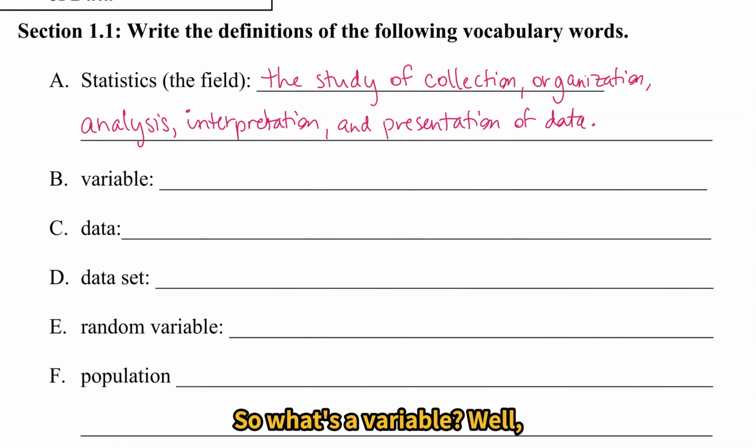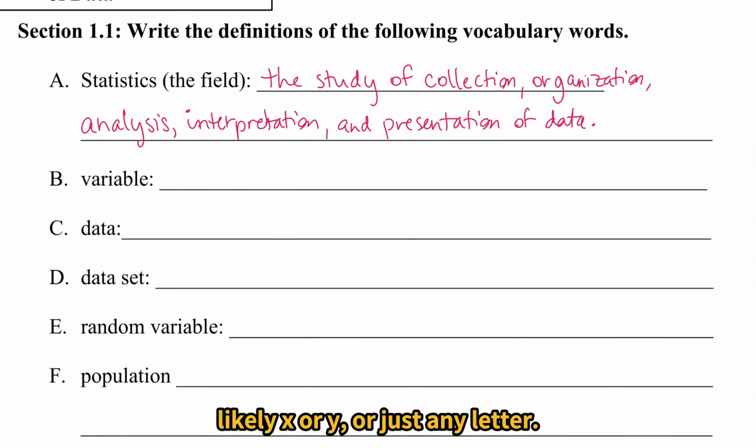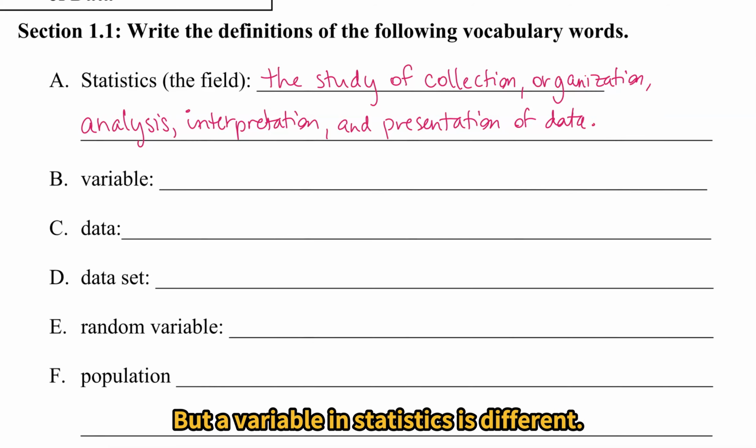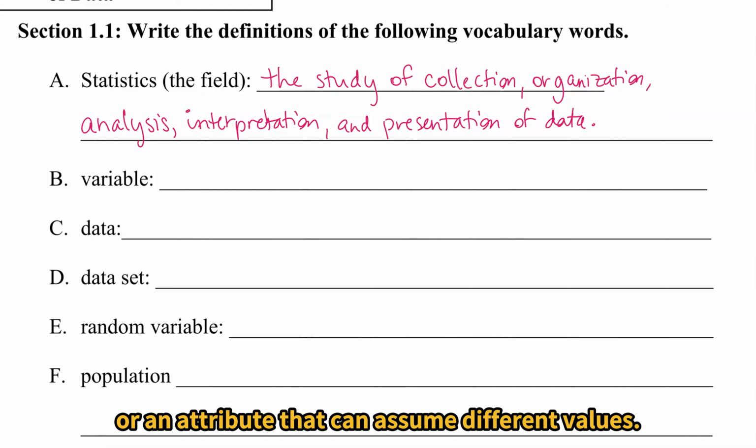So what's a variable? Well, if you're coming from algebra, you have a very specific image of a variable, likely x or y, or just any letter. But a variable in statistics is different. A variable is a characteristic or an attribute that can assume different values.